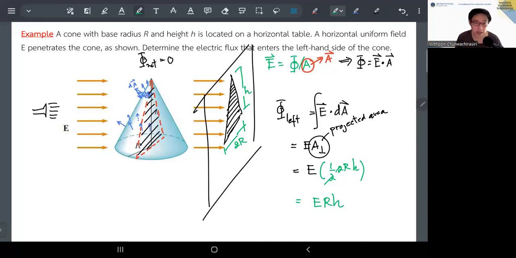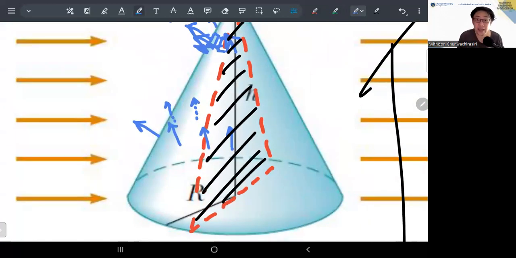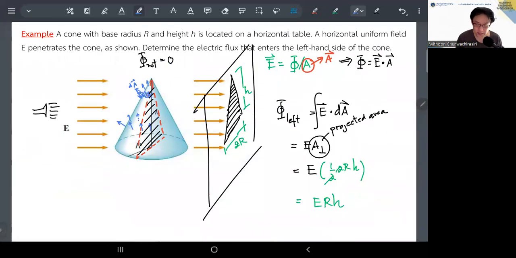One more. But Ajahn, projection is fine, but you forgot about the direction. Don't forget that we are still talking about the area vector. Even though you already projected and got the area of the left-hand side of the cone, the overall direction of the vector of that left-hand side of the cone actually points toward your left. So when you project that area onto the screen, it's like an open surface, and you still need to care about the left side of this one.